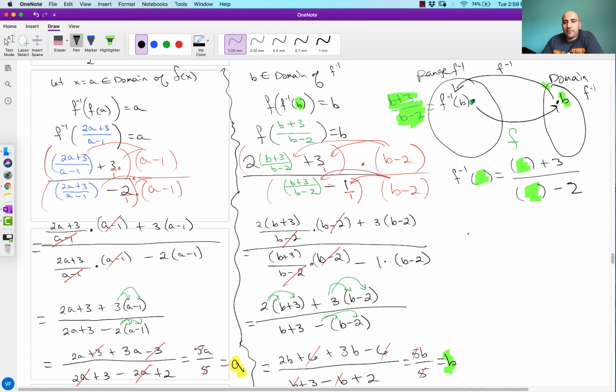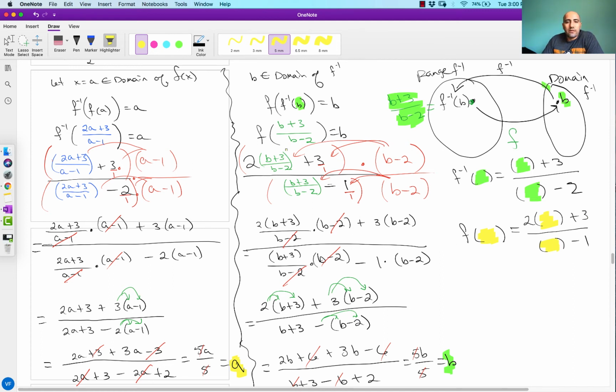And the instructions for f are that, given an input, we're going to do twice the input plus 3 all over the input minus 1. Okay, let's put that in yellow. Here's the input. Do twice the input plus 3 all over the input minus 1.